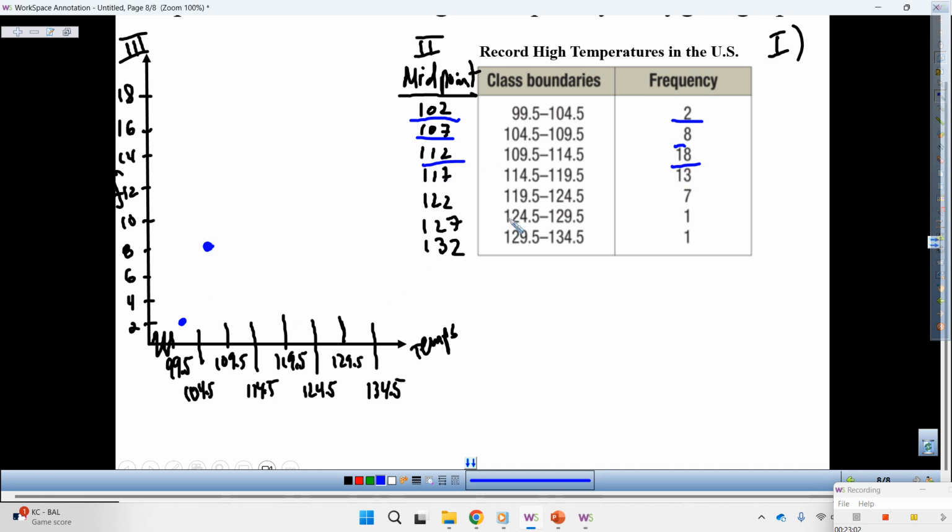Midpoint for the next one is 112 to 18. Midpoint for the next class is 117 all the way to 13. Midpoint for the next class, 122 to 7. Midpoint for the next two is that to 1, here to 1, and here to 1. Look up. So I'm going to start from the wiggles.